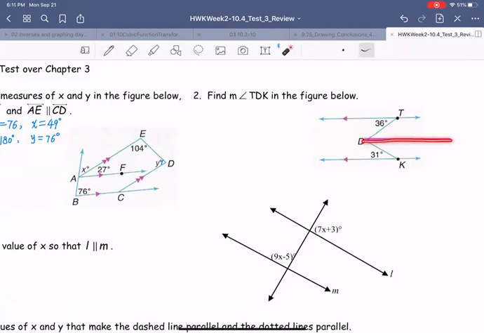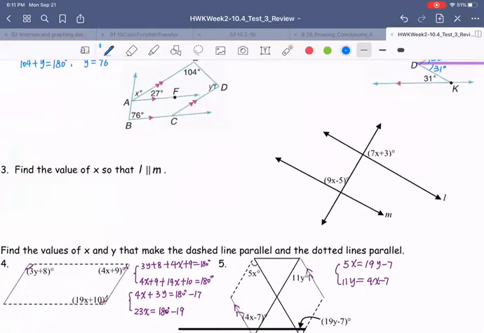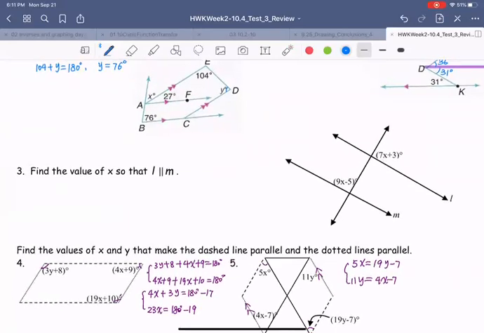This line is going to be parallel to both of these two lines. So 36 plus 31. Yes, that's it. Which equals 67. Does that make sense? Yes.